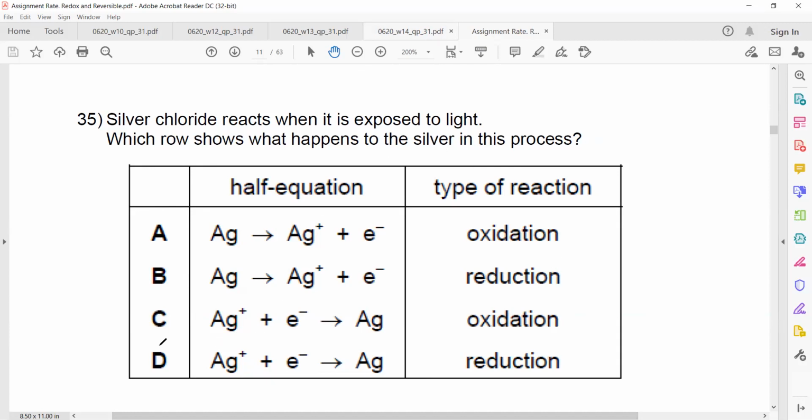D is the right one because it gains electrons, so reduction happens. Silver gains electrons, converts into silver atom, and gain of electrons is called reduction.